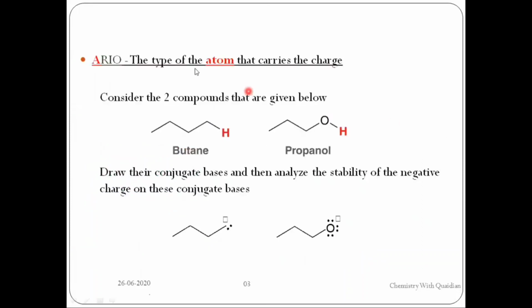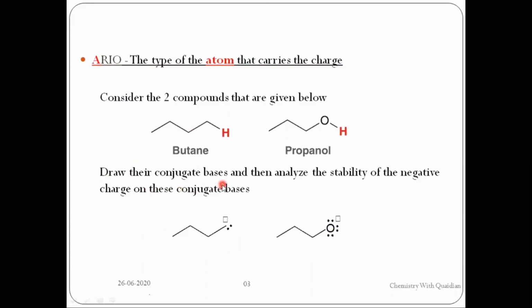First we will discuss the type of the atom that carries the charge. Let's consider these two compounds that you are given. One is butane, the other one is propanol. First you have to draw their structures, then draw their conjugate bases.